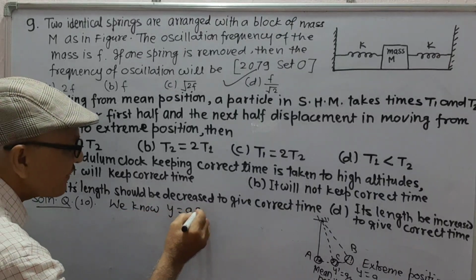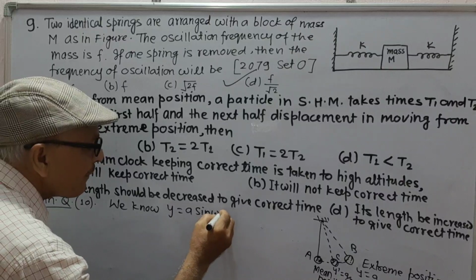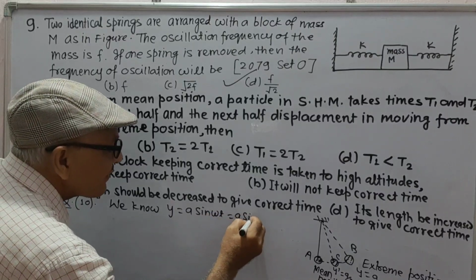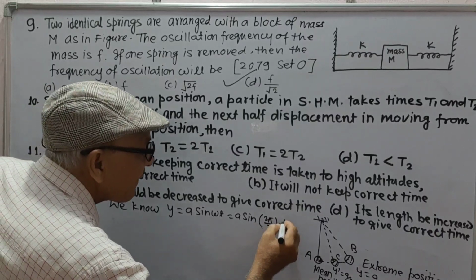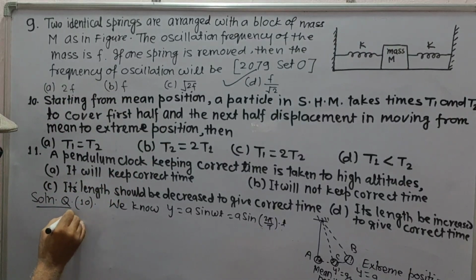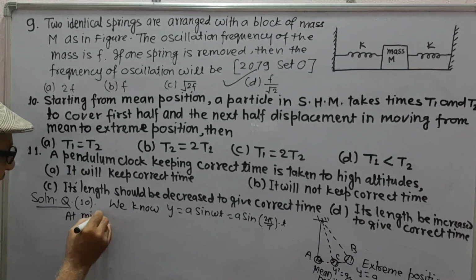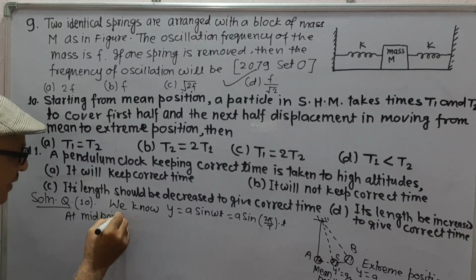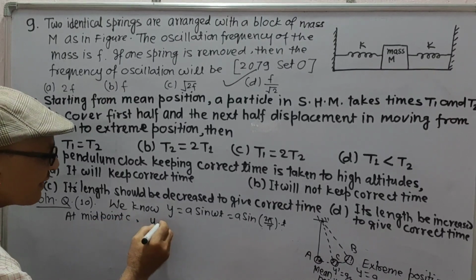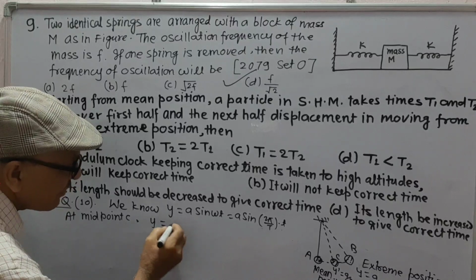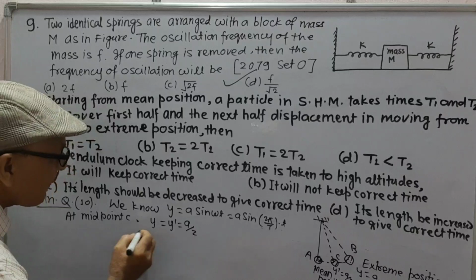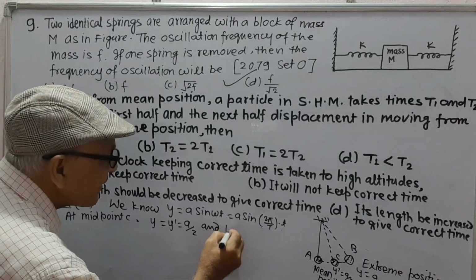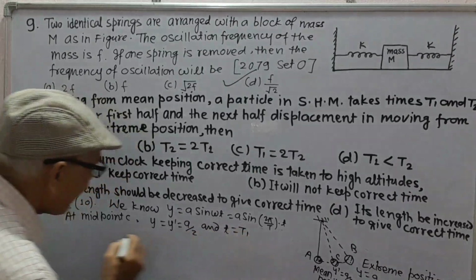We know y is equal to A sin omega t, which is A sin 2 pi by T into t. At midpoint C, y dash is equal to A by 2, and t is equal to t1.